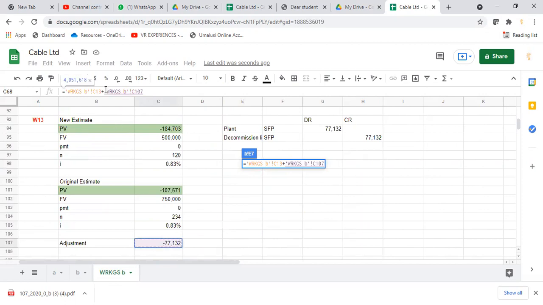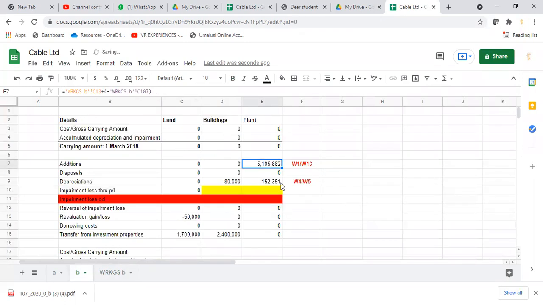This needs to be negative. There you can see the plant has now increased, because it was the original workings as at 31 August 2018, plus now the adjustment to the plant as a result of the decommissioning liability.